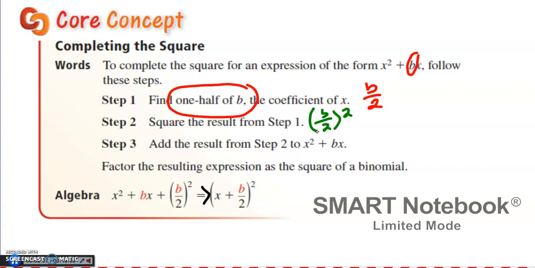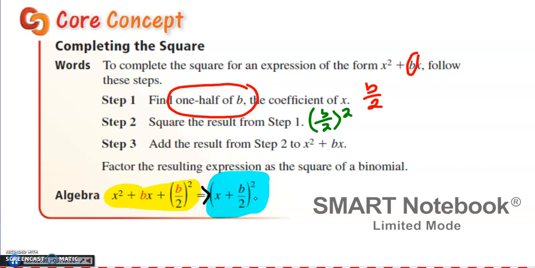And then we're going to add that to x squared plus bx. So it would result in just like we have down below, where we have x squared plus bx now plus (b over 2) squared. And there's this trick that we can do, and we can rewrite it into this finalized form, x plus b over 2, squared.